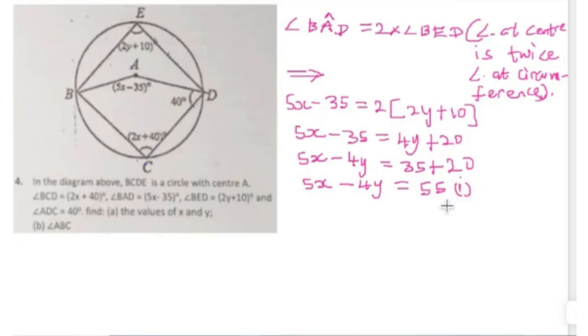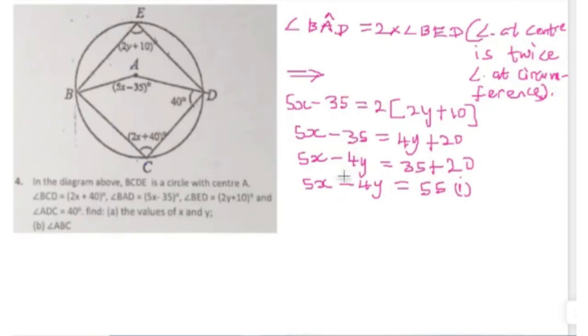Then secondly, we also recognize that the opposite angles of a cyclic quadrilateral are supplementary. So what's the meaning of that? It simply means that they add up to 180 degrees.